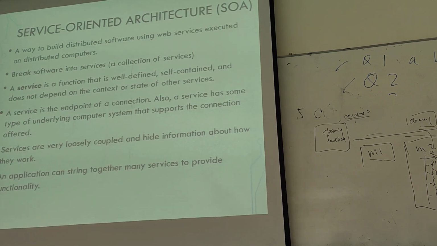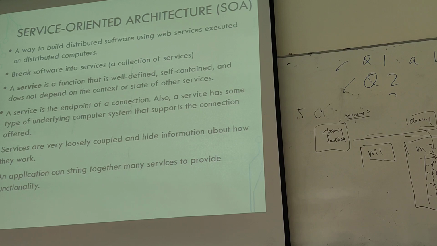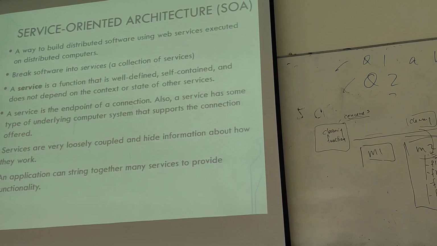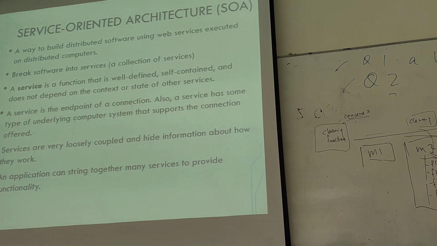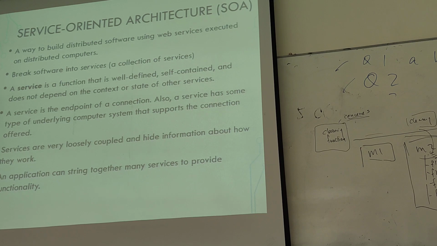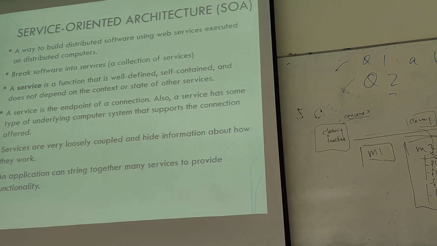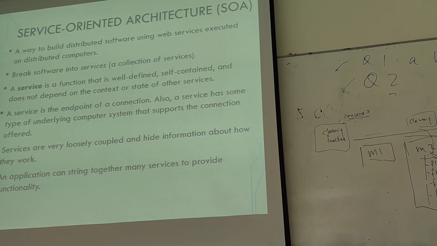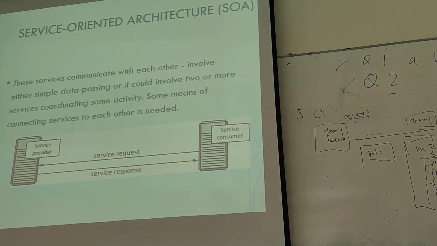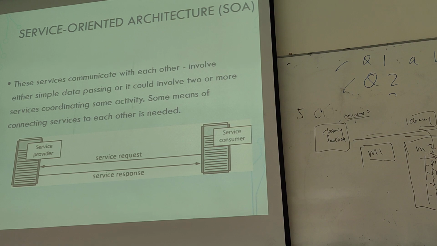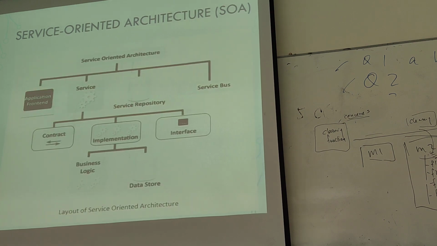And then these services can be components that work independently. When we want to use the service, we just connect to the service and ask the service to provide the services. A service is a function that is well defined, self-contained, and does not depend on any context. I think this one we have covered already.